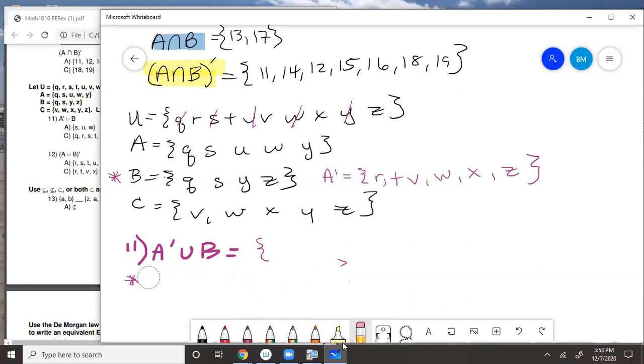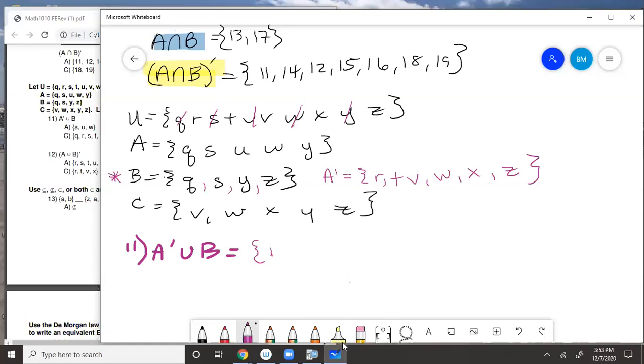Here, I'll just put all my work up there. So we have the union of A prime and B. The union means everything in both. A prime is R, T, V, X, Z. B is Q, S, Y, and Z. But Z's already in there. Do we put it in again? No, we only use it once.